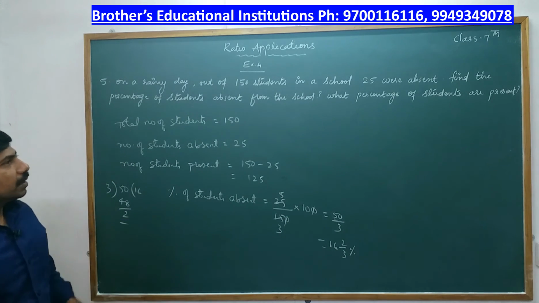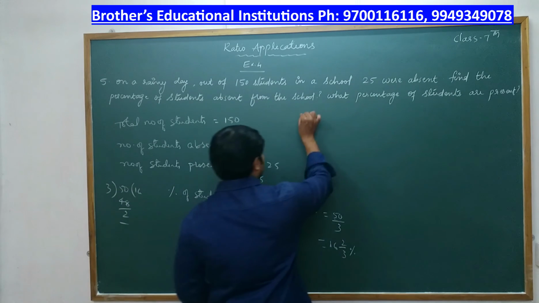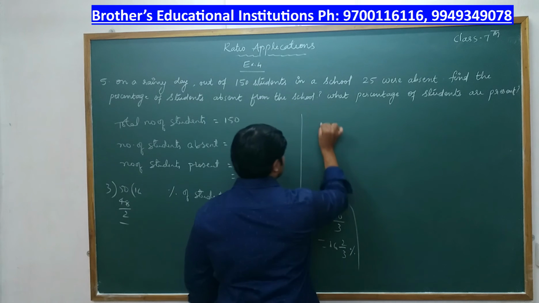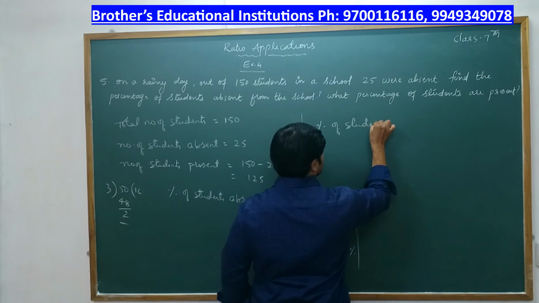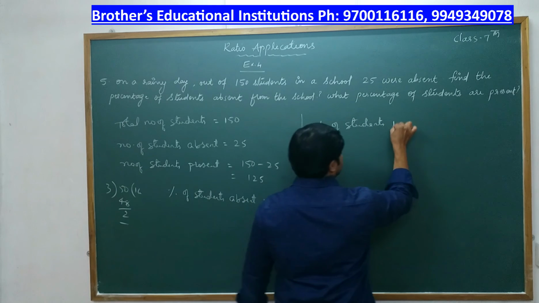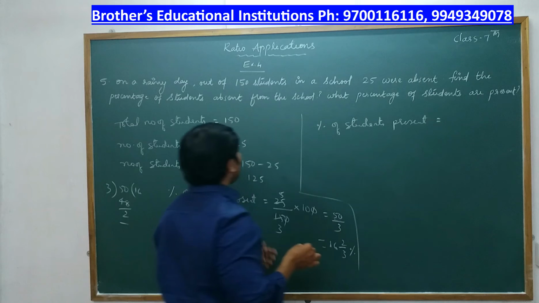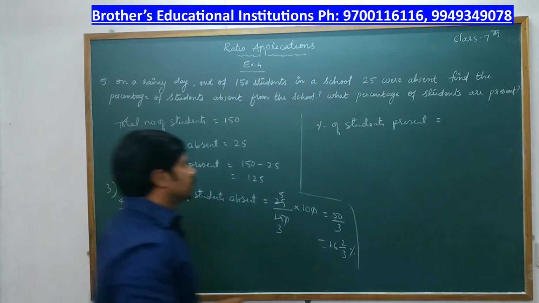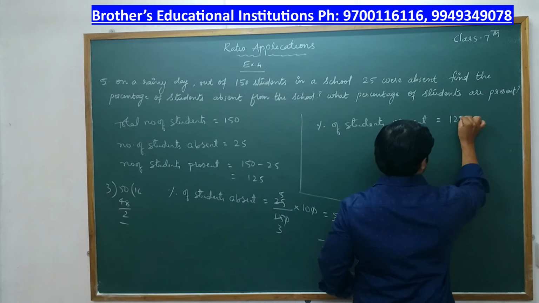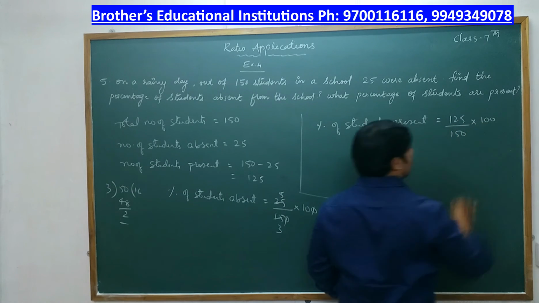Now after that, the percentage of students who are present also we have to find out. Percentage of students present is equal to, how many students present? It is 125. So you write 125 by total strength into 100.